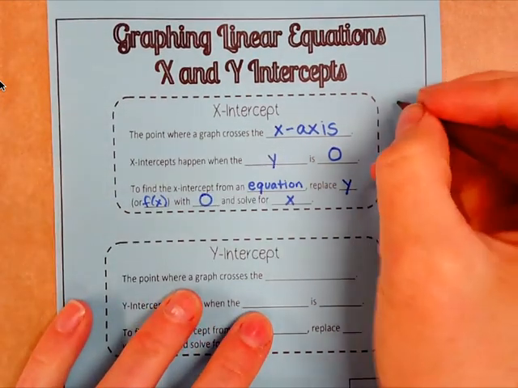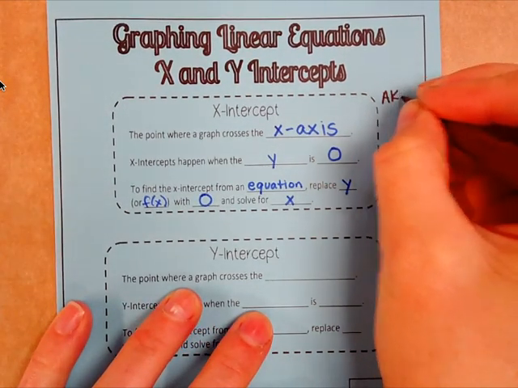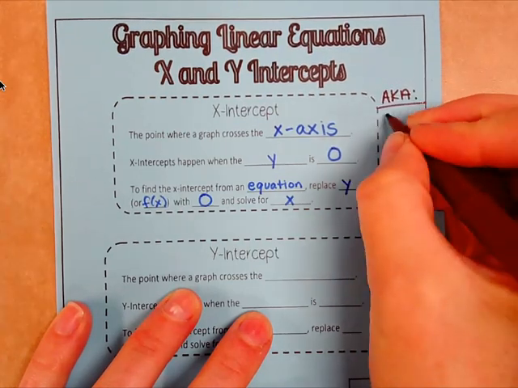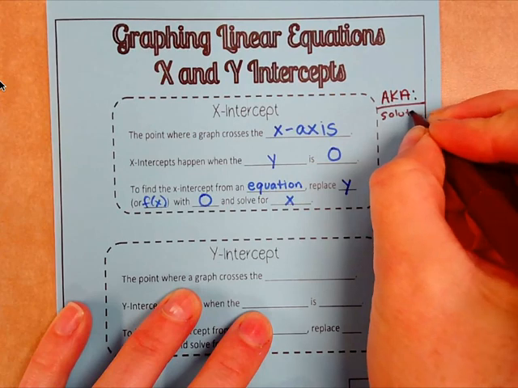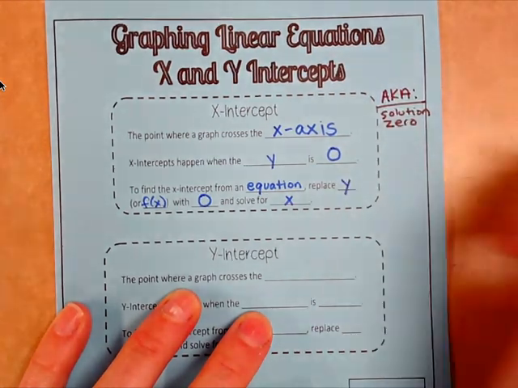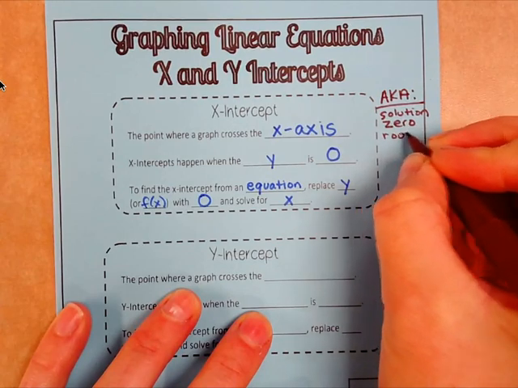The x-intercept is also known as the solution, a zero, a root.